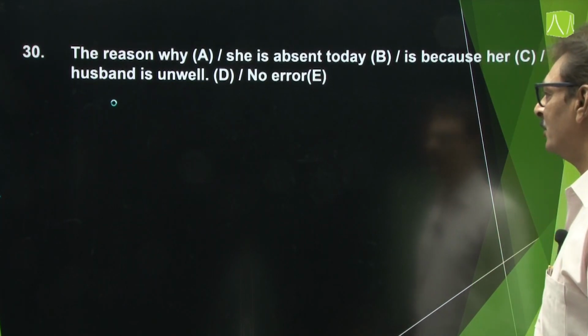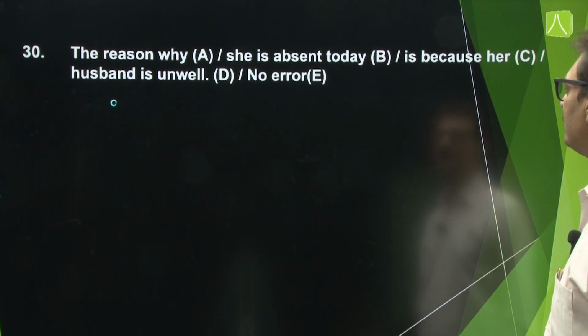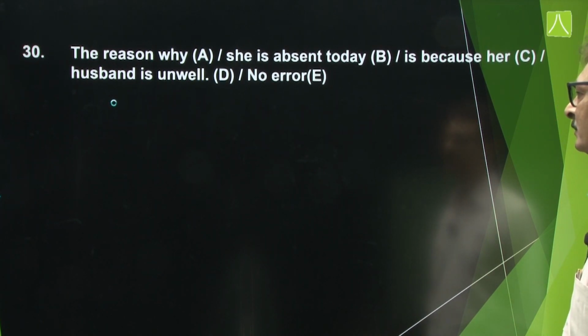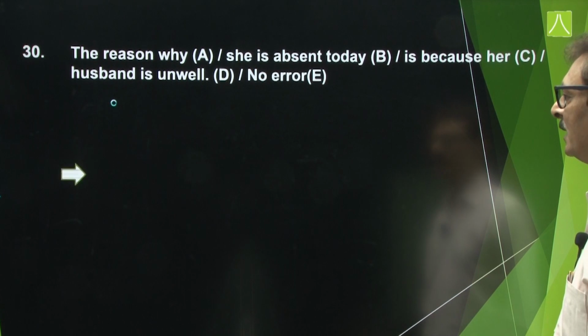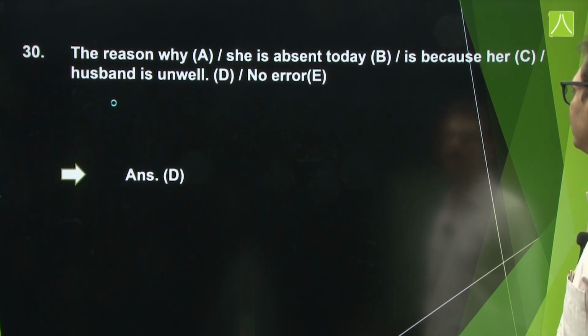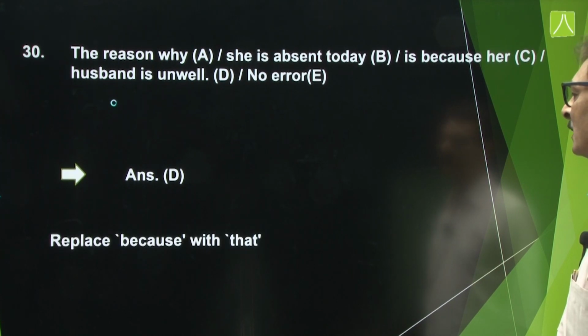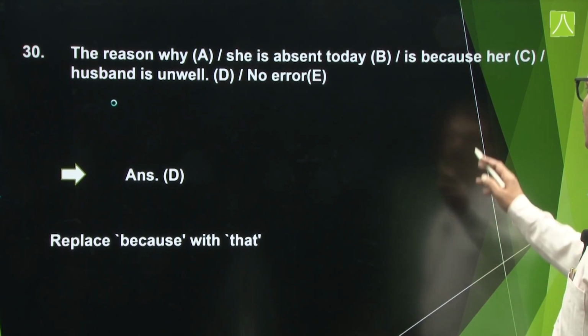Sentence number 30 for you. The reason why she is absent today is because her husband is unwell. And the error is in part D. Replace because with that.